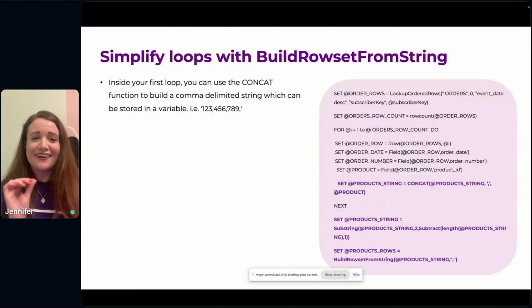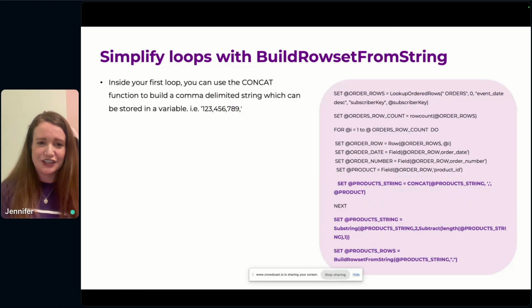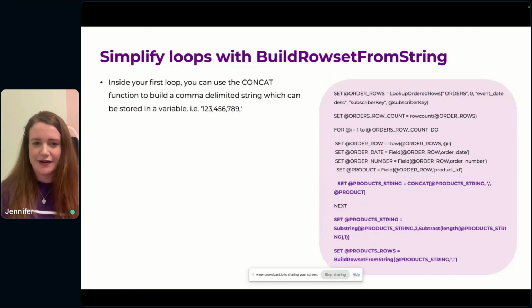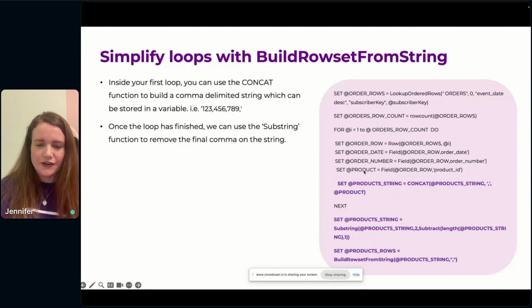Inside your first loop, you can actually use the concat function to build a comma delimited string, which can be stored in a variable. So what you're actually doing at this point in the code is building a string that looks like this: 1, 2, 3, comma 4, 5, 6, with all different commas, with all different product IDs.